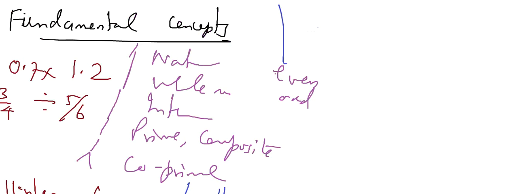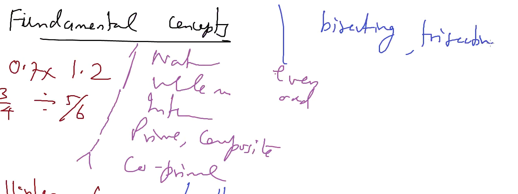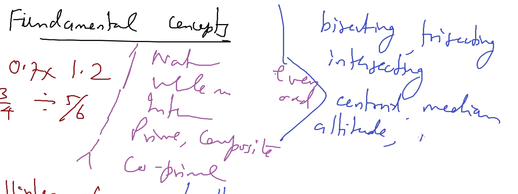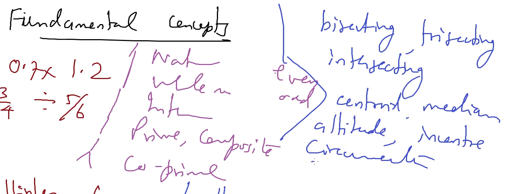And the meaning of bisecting, trisecting, intersecting. What is a centroid, what is a median, altitude, incenter, circumcenter, orthocenter. So all these terms one should be familiar with.